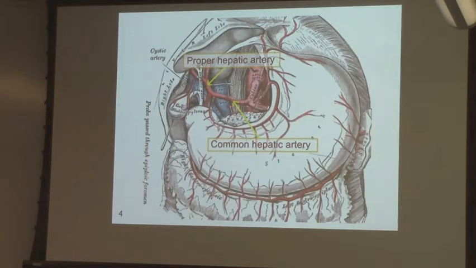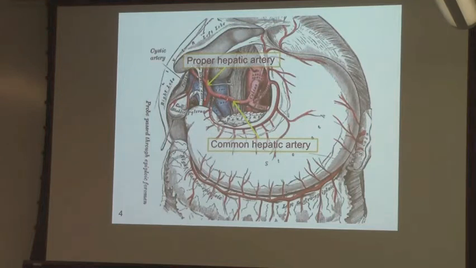Okay, so let's follow this splenic artery. It goes to the spleen, and it also provides blood flow to the pancreas. So the splenic artery provides blood flow to the pancreas and the spleen. Okay, so we've done this one and we've done this one. Now the hepatic artery: one branch comes off here doing the right gastric, and there's one here that we're going to cover in the next slide.